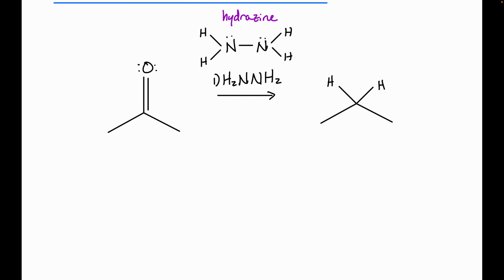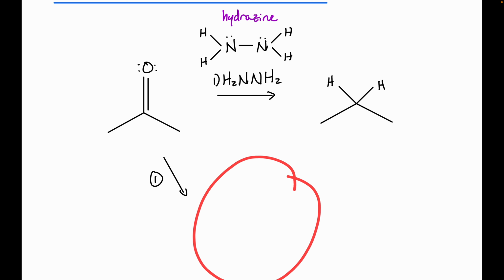Okay, so noting that hydrazine is just a primary amine, everybody's going to take a second and draw me the product of the first step in this reaction. We talked about how primary amines react with aldehydes and ketones. Considering hydrazine is just a primary amine, give me that product, that first step.